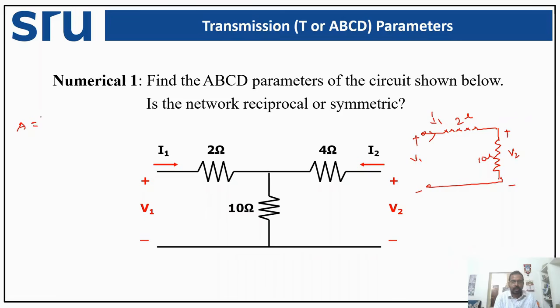To remember, V1 equals AV2 minus BI2, and I1 equals CV2 minus DI2. So A is nothing but V1 by V2 when we make I2 equal to 0. Our objective is to find V1 and V2, so let us bring the relationship between V1 and V2.